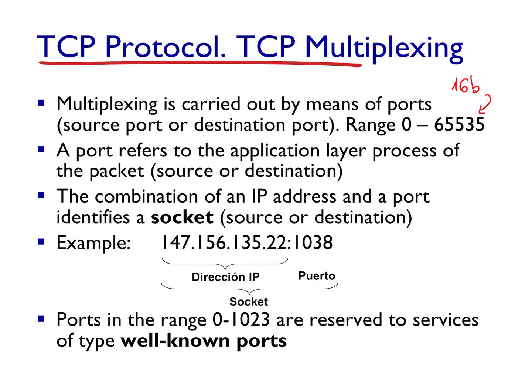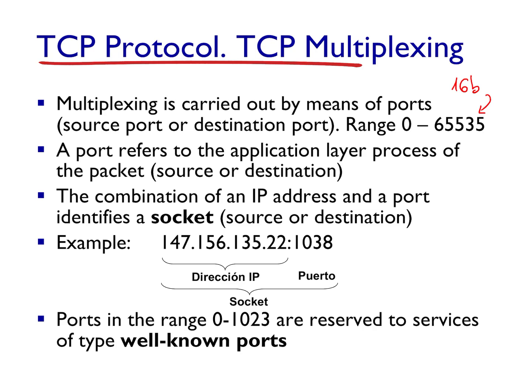For example, if I'm going to connect with a destination host, the source port will be a specific number for my computer, and the destination port will be related to the application that will run on the destination host. So at the end, a port refers to the application layer process of the packet, both at the source side or at the destination side.